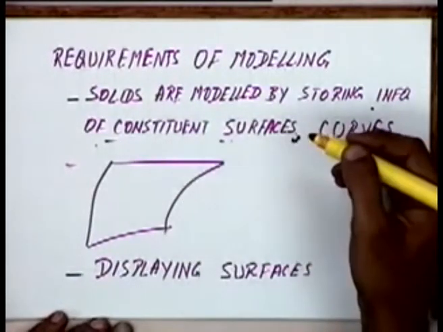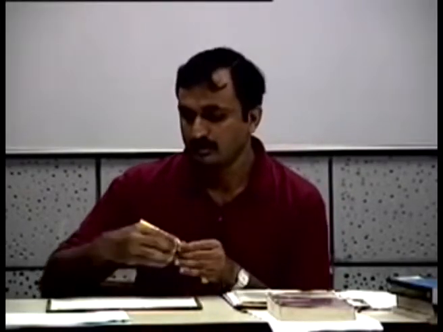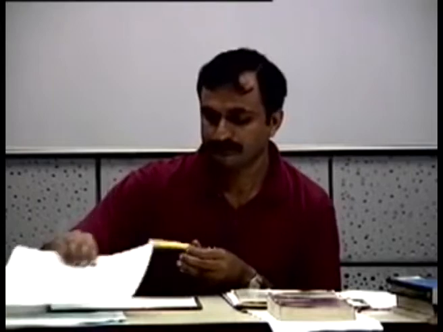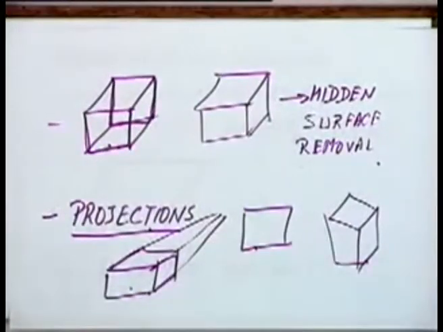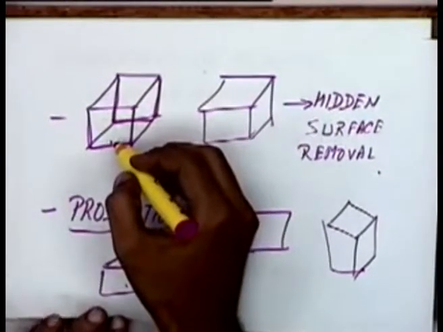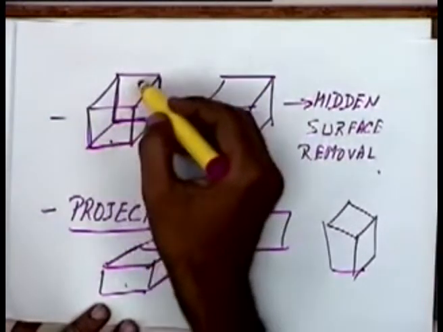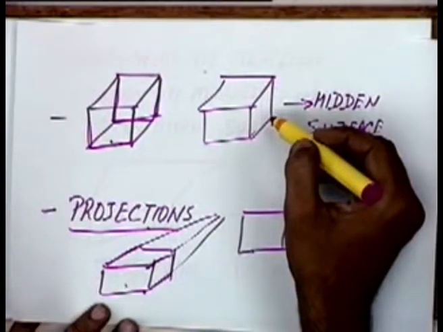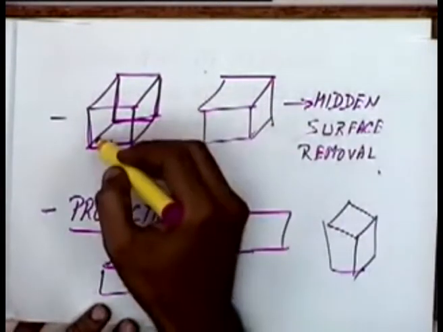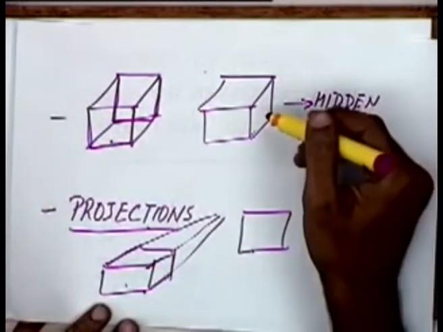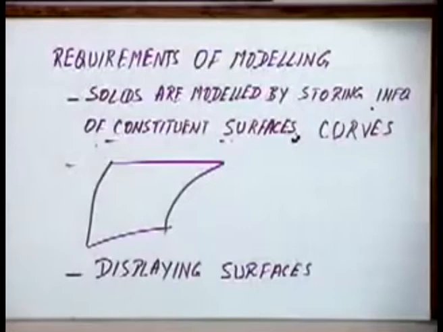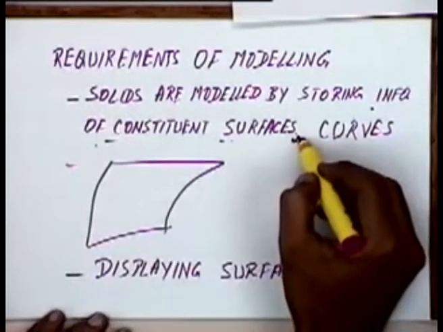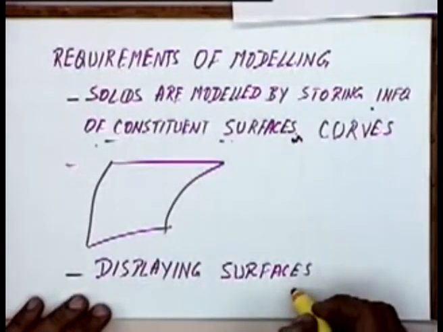The only way I can display the solid is by displaying all the boundary surfaces. In this simple example, when I am trying to display this solid, what I am basically doing is I am displaying each of these surfaces one after another. Okay, so I cannot display a solid unless I am able to display the surfaces. So this storing information of constituent surfaces is going to help us in displaying the surfaces.